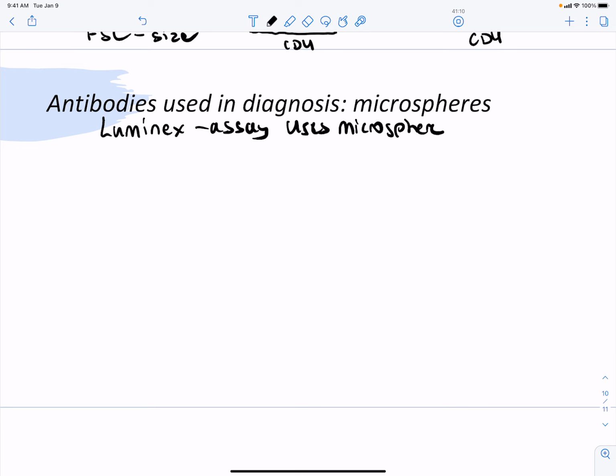So you can have different dyes, and this means that each bead in a set of up to 100 can be given a unique identity, which is referred to as a spectral signature. So you can have 100 beads labeled with unique identity.